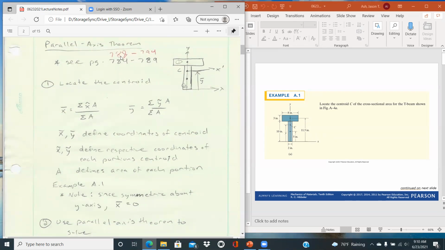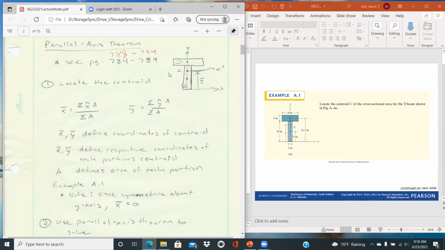I think for your 10th edition, that's pages 788 through 794. And we're looking at just a T-beam in that situation that we want to calculate the area moment of inertia of. And there's a process that you go through to do that.